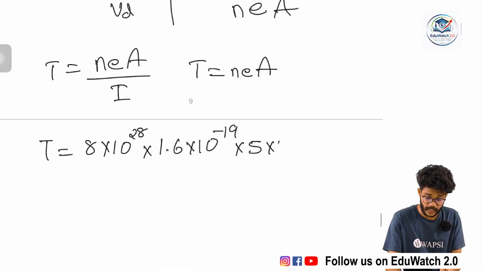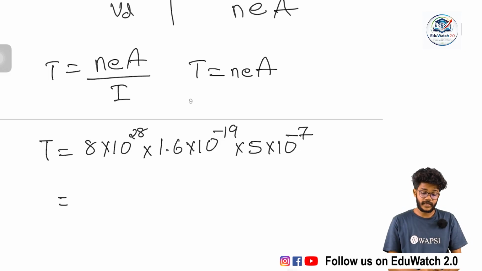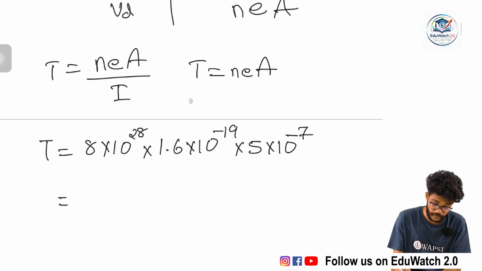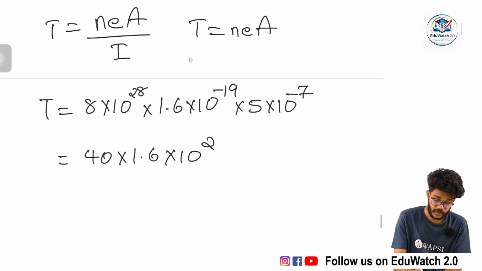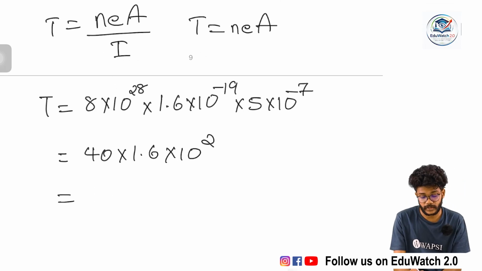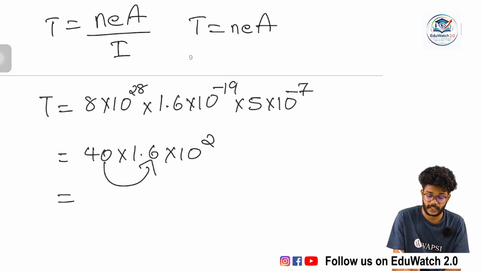Minus 19 minus 7 is minus 26. 28 minus 26 is 2. So 8 into 5 is 40. 40 into 1.6 into 10 raised to 2. So 4 into 1.6, taking the 10 to this side, it will be 16. 4 into 16 is 64, so 64 into 10 raised to 2.